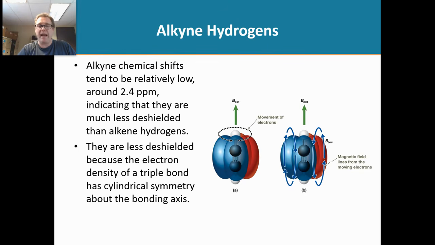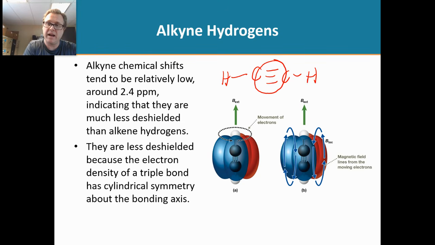What do you think about alkynes? They have pi bonds as well, right? If we look at a simple alkyne right here, we have a lot of pi electrons right there. And it only has a chemical shift of 2.4. So that's kind of a shock at first.